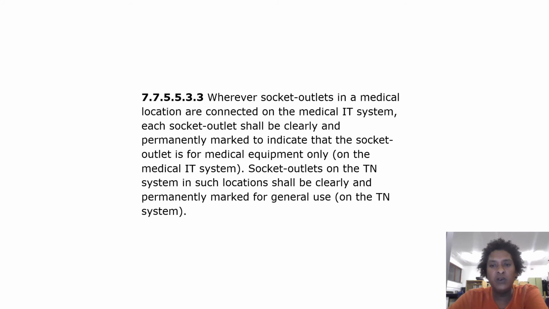Wherever socket outlets in a medical location are connected on the medical IT system, each socket outlet shall be clearly and permanently marked to indicate that the socket outlet is for medical equipment only on the medical IT system. Socket outlets on the TN system in such locations shall be clearly and permanently marked for general use on the TN system.